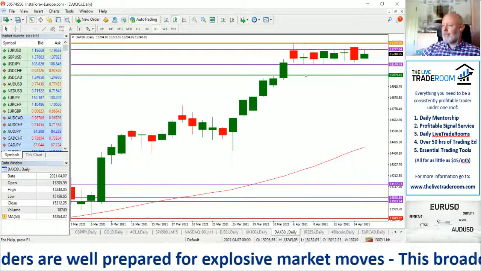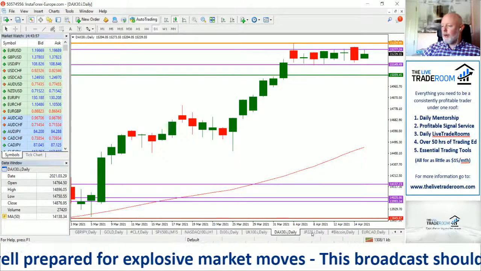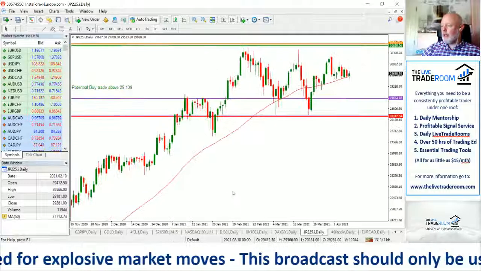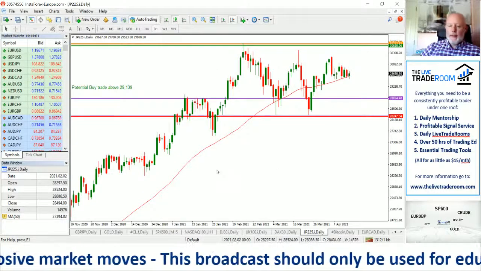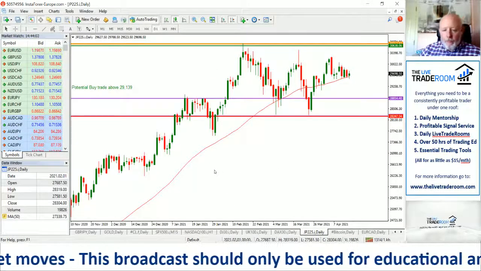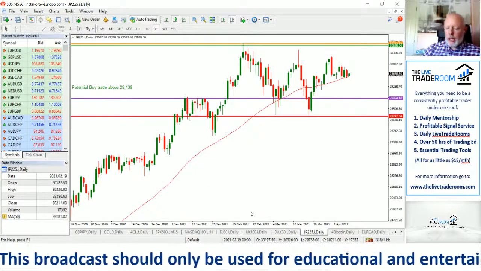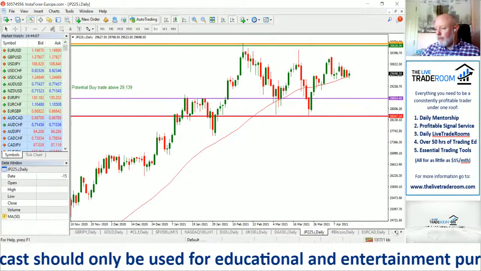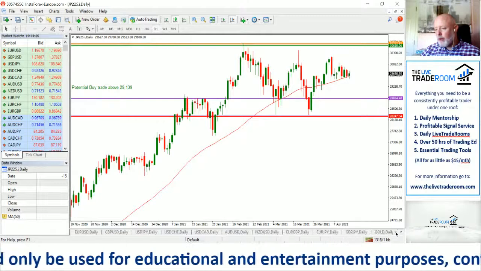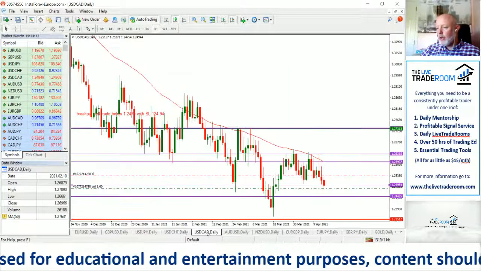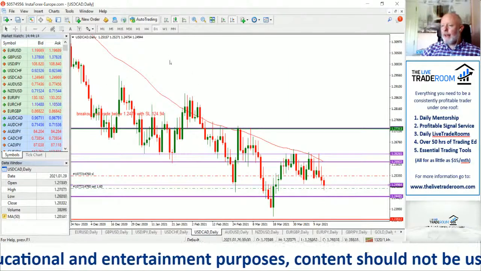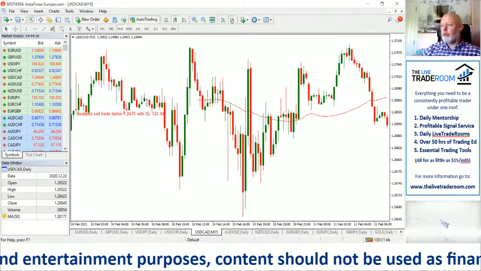The DAX is just in this little sideways zone, and the yen as well. Oh, I see, Finbar. So you're in the dollar CAD trade. I assume that's a sell trade. So yeah, we're just currently pulling back off those lows.